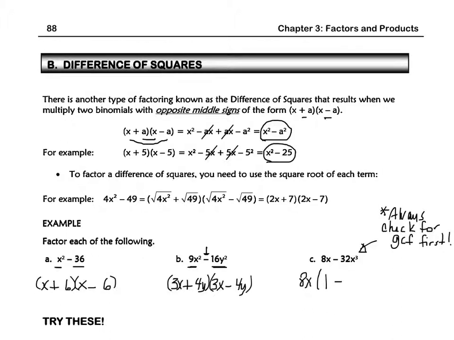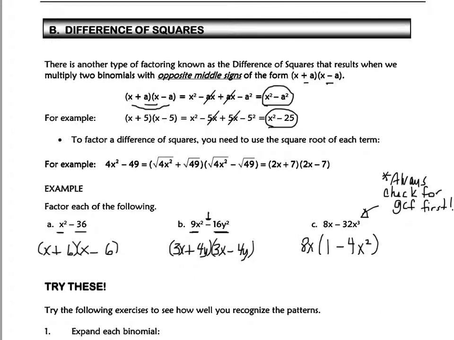And if you take it out of the second term, you're left with 4x squared. So what's left inside, though, is a difference of two perfect squares. So it would have factors. You still need the 8x because it's still a part of the original, and you would have 1 and 2x, 1 and 2x, plus minus.